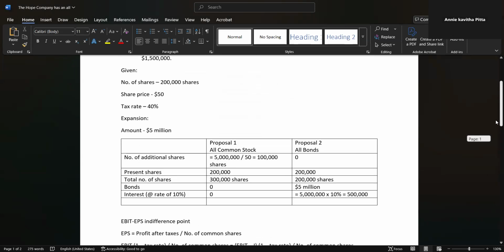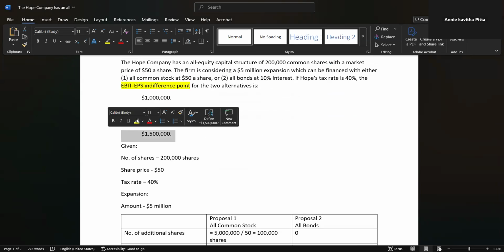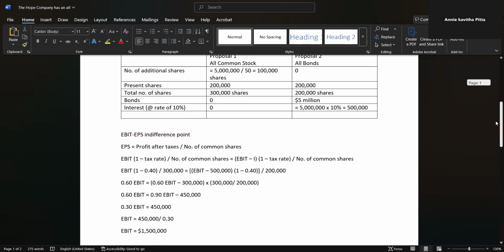So the answer here is the last option, which is 1,500,000. Just go through the calculation carefully and then you would understand. Hope it is clear.